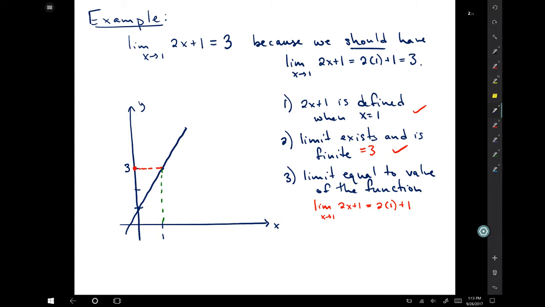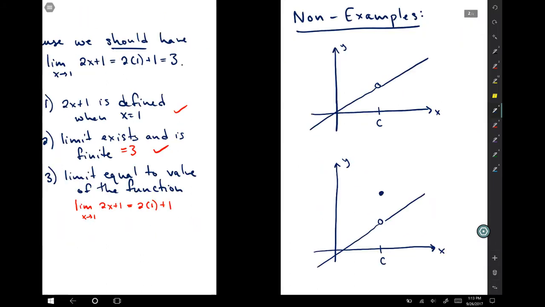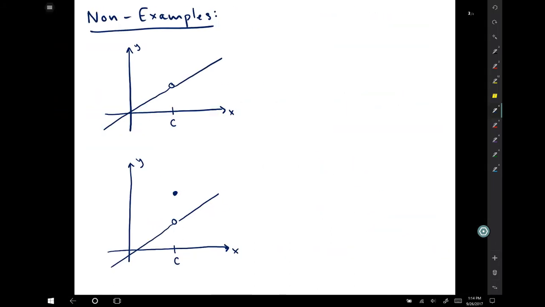So let's look at some pictures of things that go wrong with continuity. So these are some non-examples. These are a little bit more interesting. So here in this picture, we have some function f of x. And here when we look at this limit, we're looking at x equals c. The limit as x goes to c of f of x is equal to whatever value L this is.